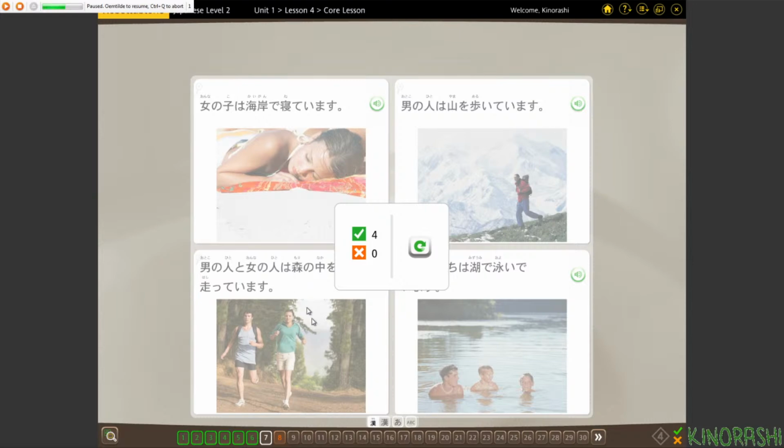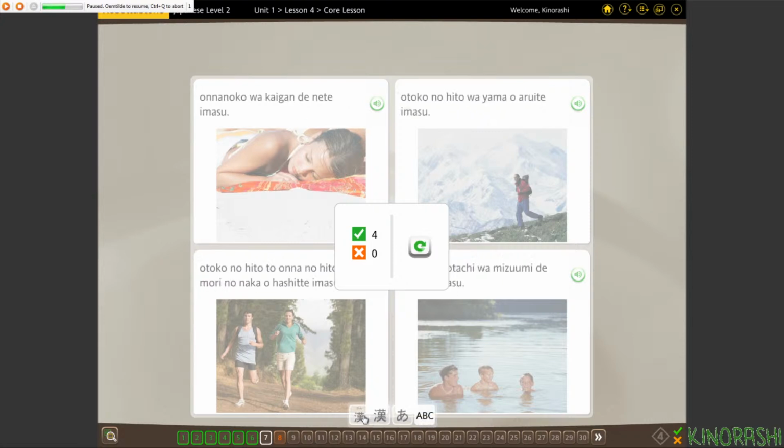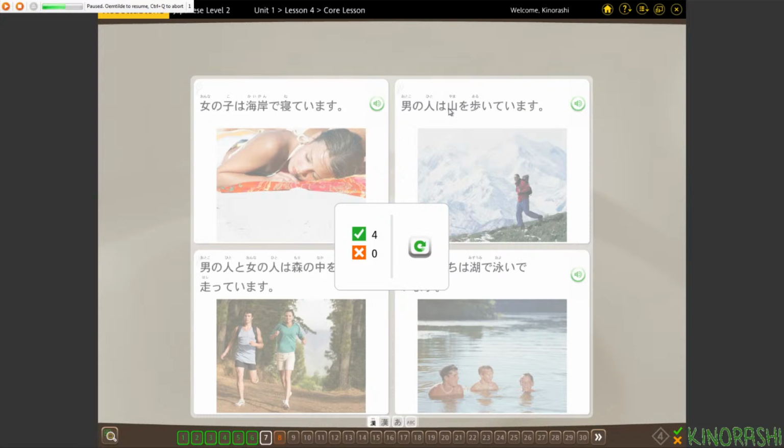So I thought this was supposed to be mountain, but looking at the symbol, I'm thinking this is forest. So it looks like 3 trees together. I believe this is mountain. Yama. Yeah, Yama. Kaigan. Mori. Mizumi.